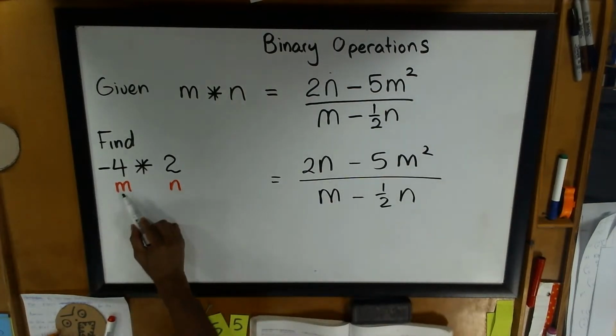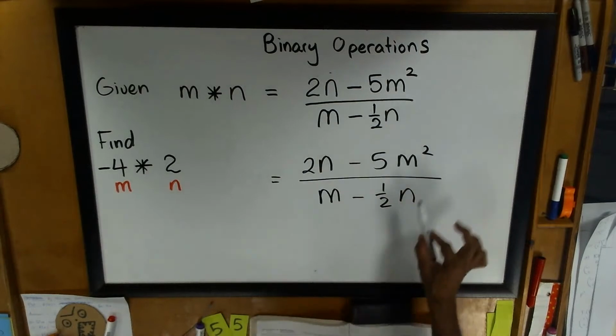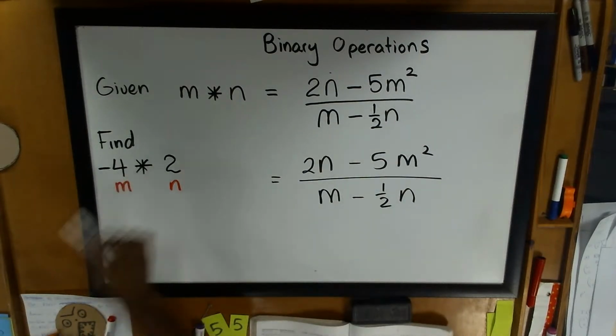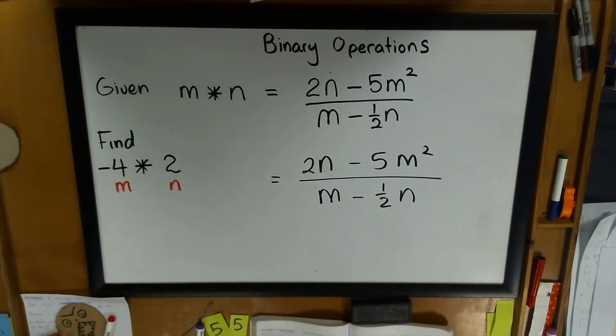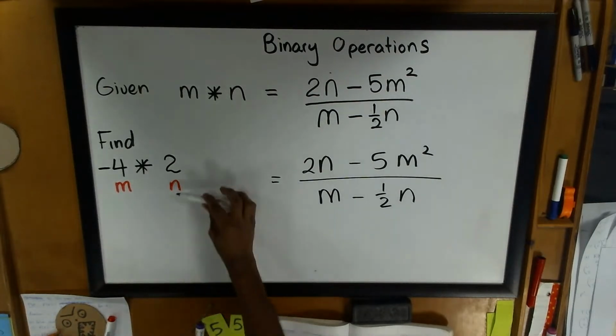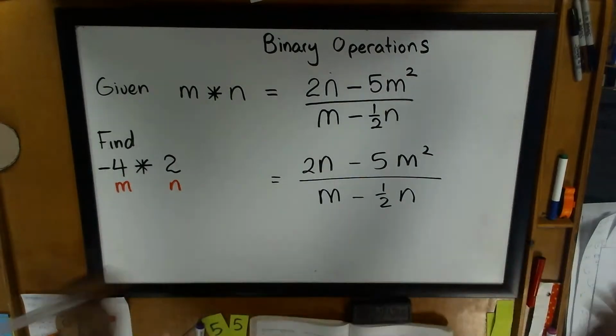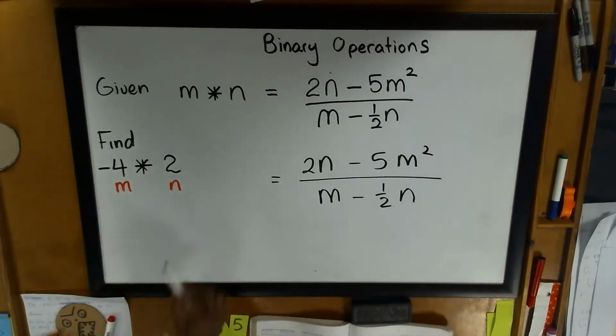Anywhere you see an m, no matter how many times you see the m, you have to replace each m with minus 4. And any n, no matter how many of them there are, you have to replace it with 2. So let me get a different color here. I have some pink here.